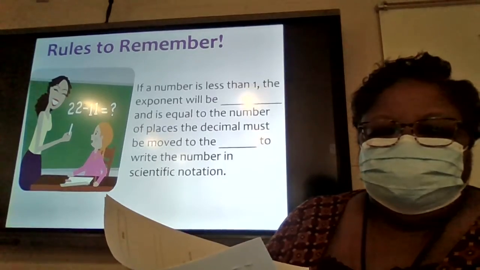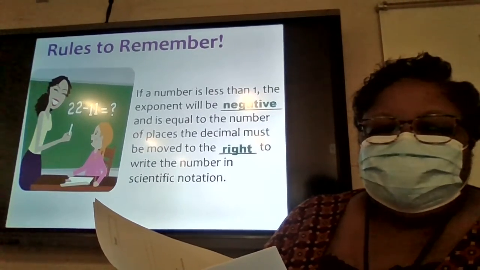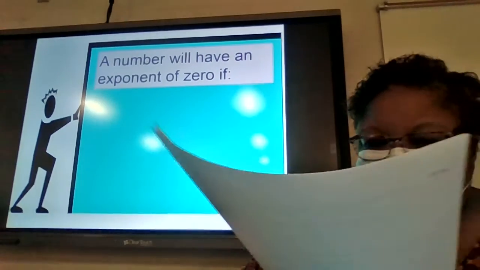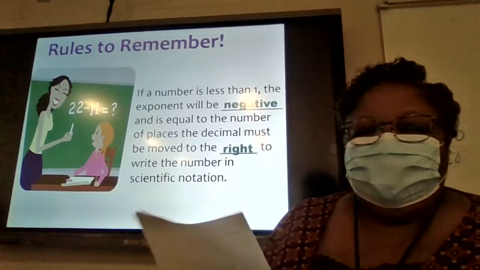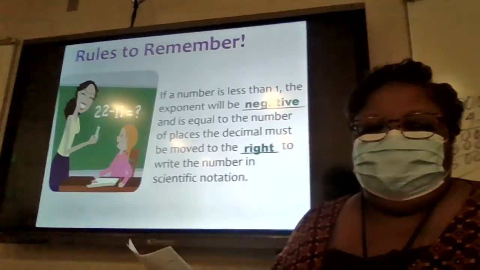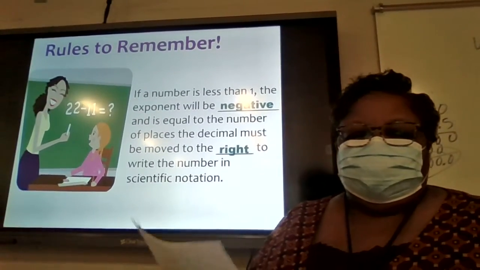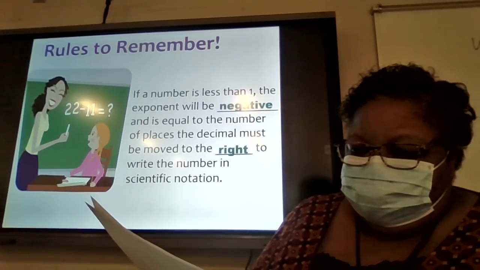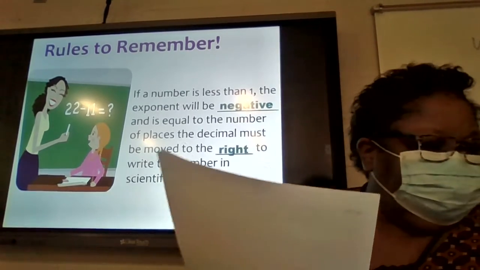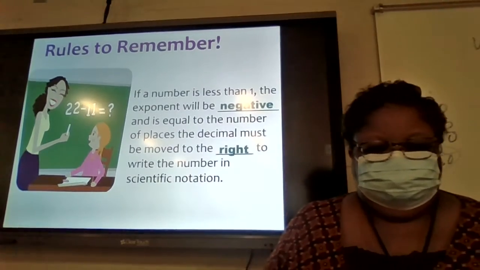Here's another rule. If a number is less than 1, the exponent will be negative and is equal to the number of spaces the decimal must be moved to the right to write the number in scientific notation.